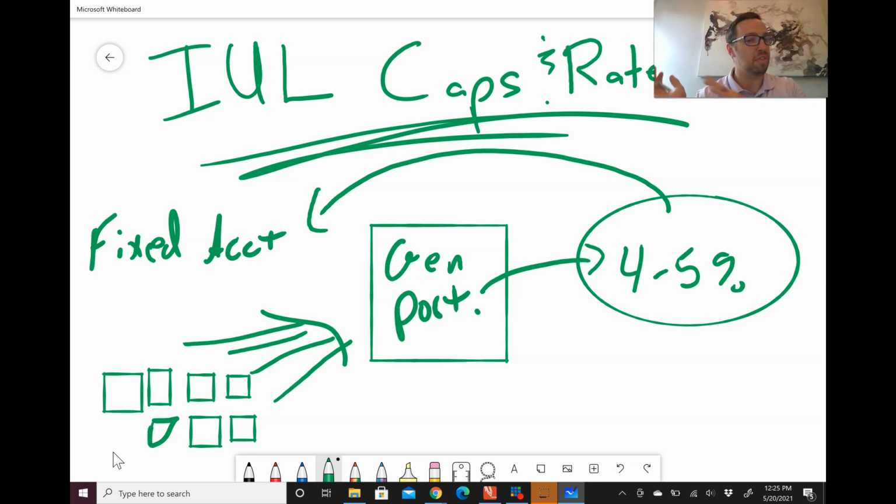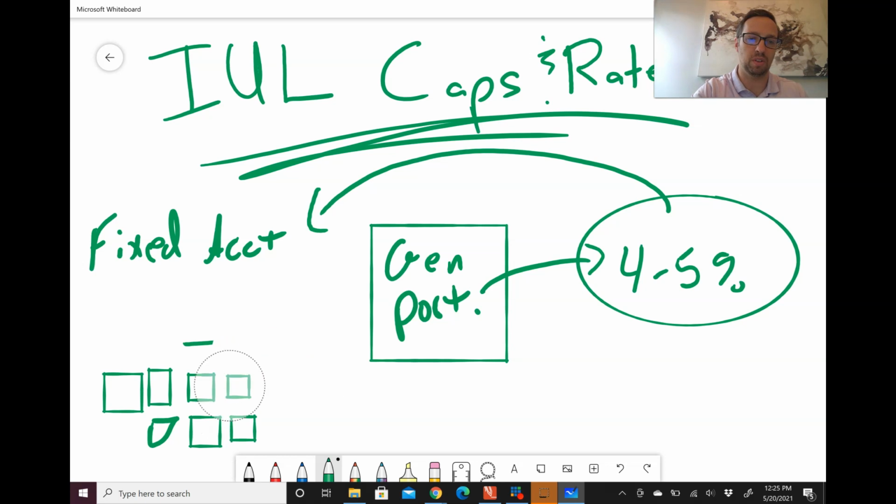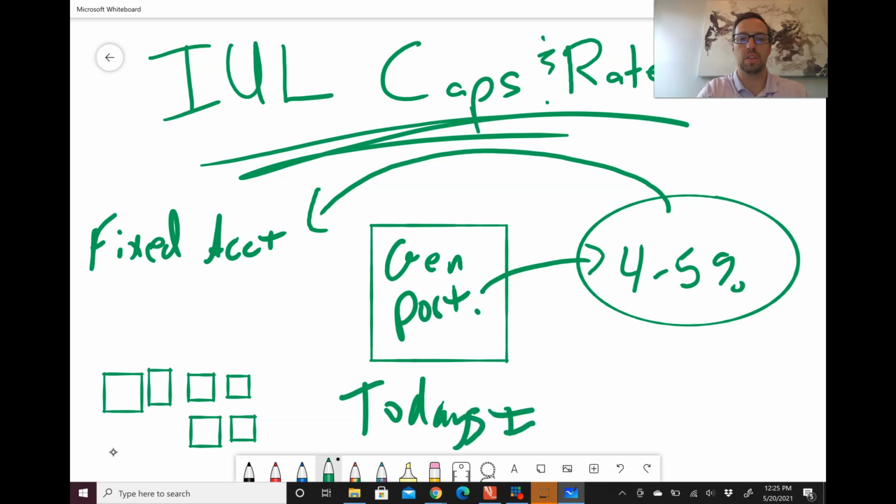Okay, so you have thousands and thousands of policies on the books paying premiums every single year into the general portfolio. That's where those funds go. So once the funds get there, what do they do? Well, they reinvest those funds in bonds. And since they're reinvesting those funds in bonds, they're investing those dollars at today's interest rates.